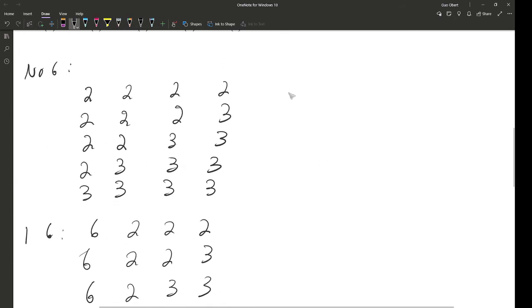Alright, so we add up the height, that's 8, and we add up this height, that's going to be 9. We add up this height, we're going to get 10, wait, not 4, 8, sorry. And then that's going to be 11, and then that's going to be 12.